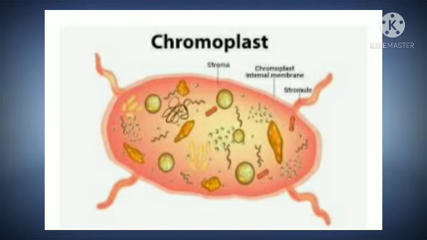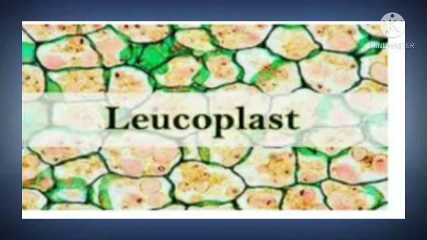Chromoplast. They contain fat soluble carotenoid pigments. Example: carotene and xanthophyll. They give yellow, orange or red color. Leucoplast. They are colorless plastids.